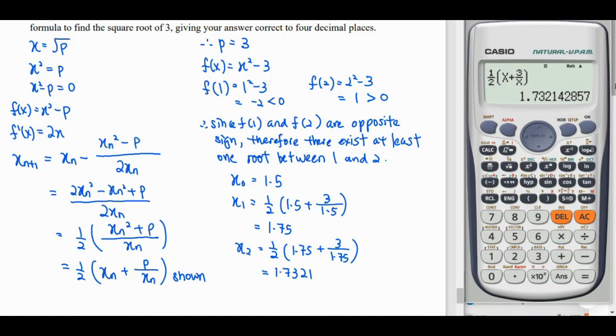The question requests us to give the answer correct to 4 decimal places, so in calculation we will advance 2 more decimals. Then continue.